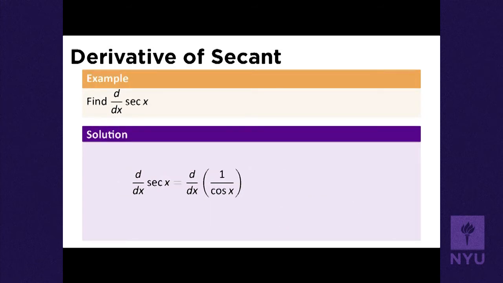Secant x you can also find because it's the derivative of 1 over cosine x. Okay, how would you find the derivative of that quotient? Same way we find the derivative of any quotient. What's interesting now is that because the numerator is a constant 1, its derivative is going to be 0. So I have cosine x times 0 minus 1 times negative sine x.